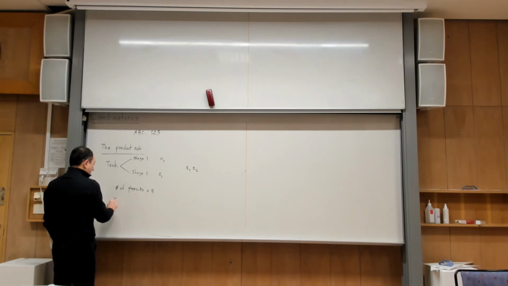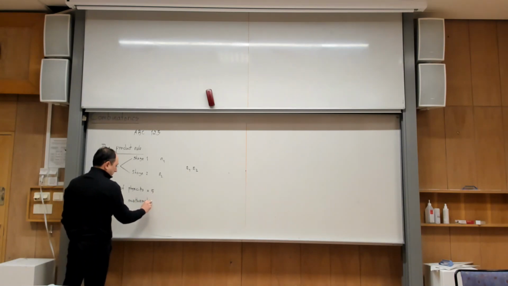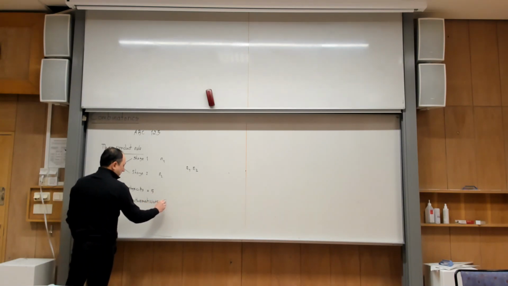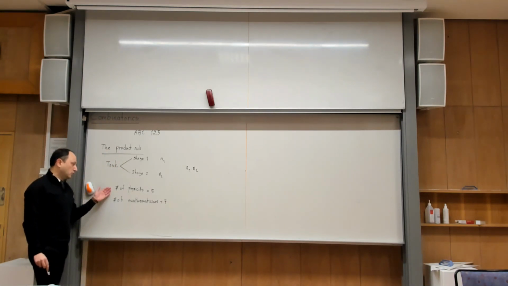The number of mathematicians is, for example, 7. So you want to set up a team to work on some project. You need 1 physicist and 1 mathematician for setting up that team. Yes? And now you see that there are 5 physicists who volunteered to do the job, and 7 mathematicians who are willing to do the job. And now you want to set up this team. Well, let us see how many ways we can do that.